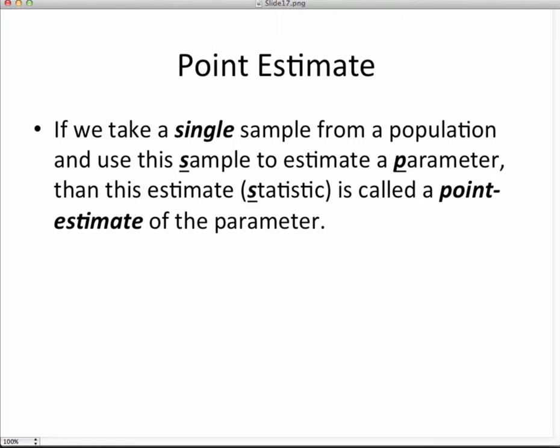If we take a single sample from a population and we use this sample to estimate the parameter, then this estimate statistic is called a point estimate of the parameter. So if Wendell cooked 25 waffles and estimated the cooking time of those 25 waffles, he would have made what is referred to as a point estimate of the parameter.